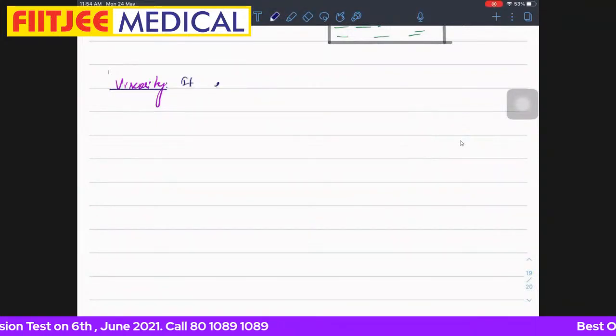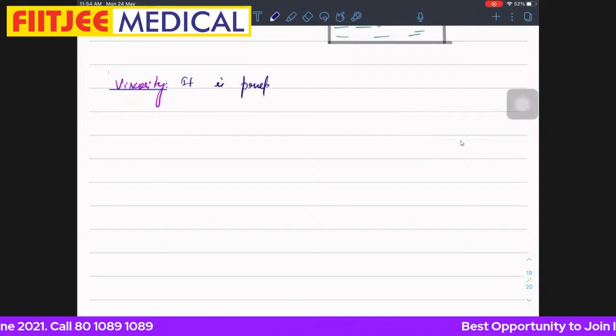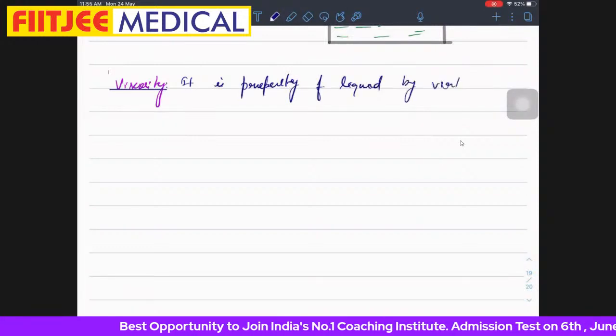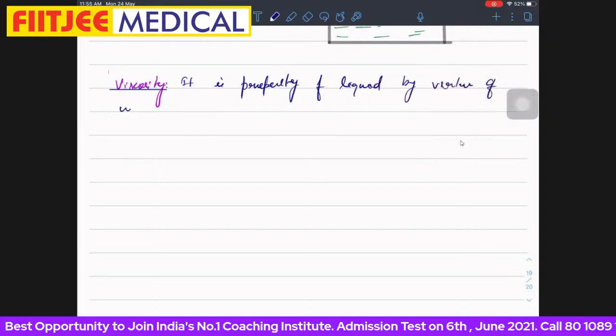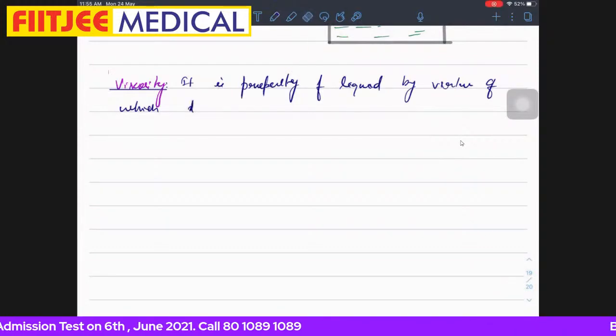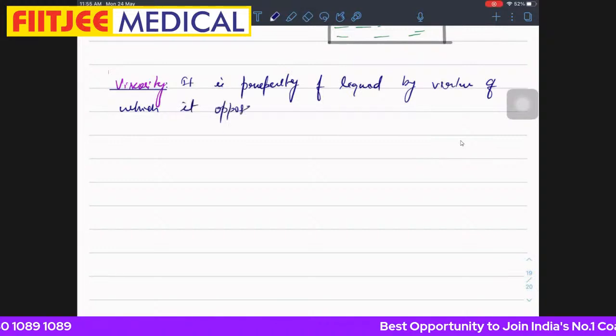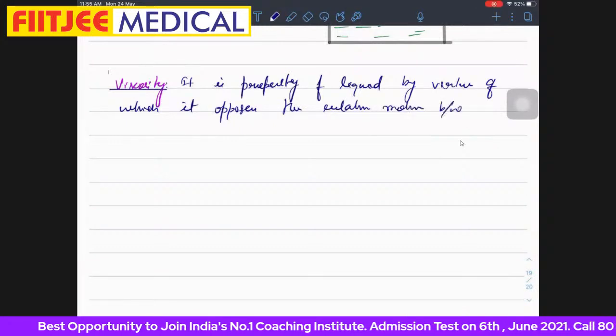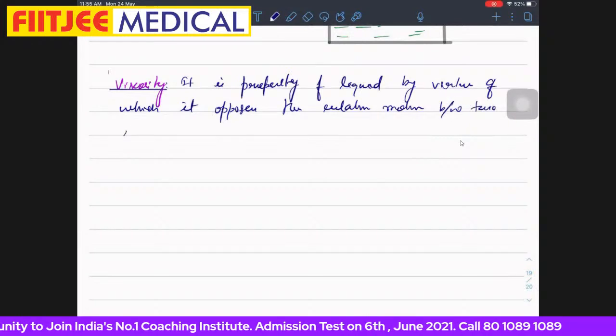It is the property of the liquid by virtue of which it opposes the relative motion between two layers of the liquid.